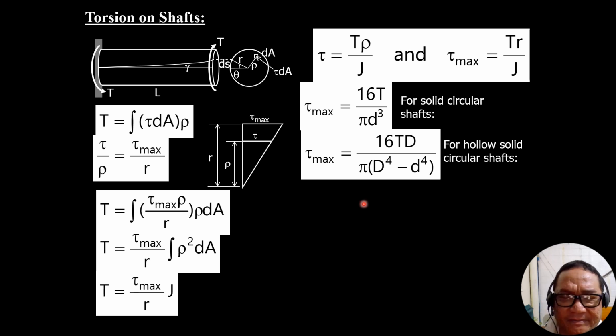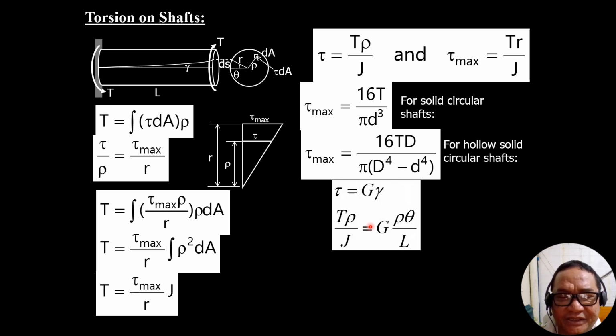From Hooke's law, for the case where shear stress is proportional to shear strain, remember the relationship: shear stress equals shear modulus times shear strain.